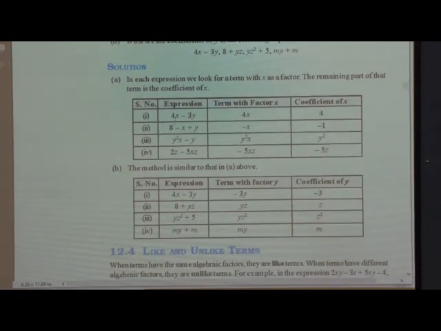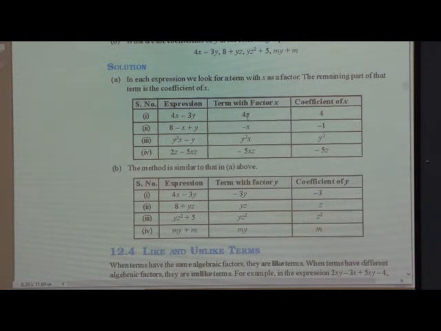Here all the expressions are jotted down. What are the terms with a factor x? That is all that was asked. So we write only the terms with x, and we will not consider y. Then we write its coefficient.